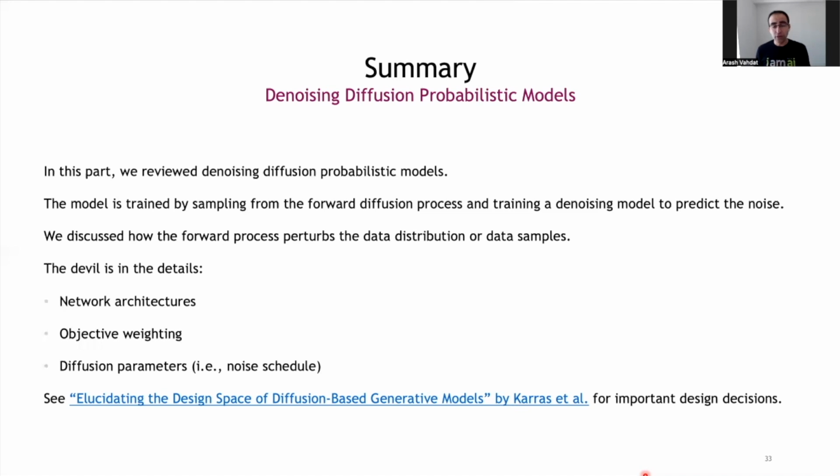So if you're interested in knowing more about important design decisions that play a role in getting good diffusion models, I would encourage you to check this paper by our colleagues called Elucidating the Design Space of Diffusion-based Generative Models by Karras et al. This paper discusses important design decisions and how they play a role in getting good diffusion models.